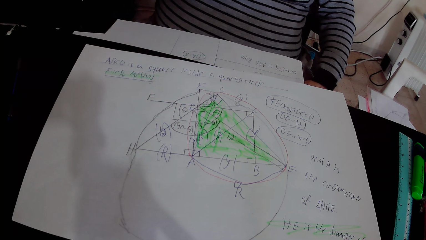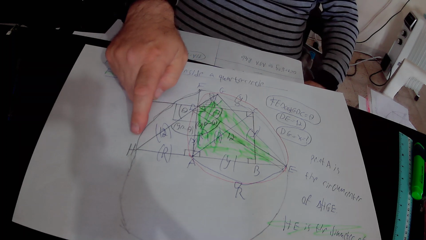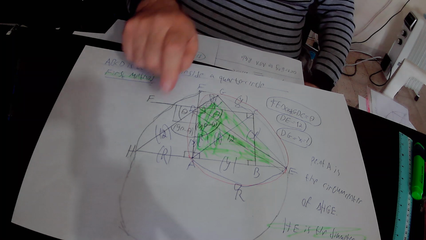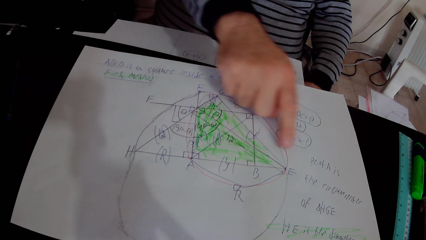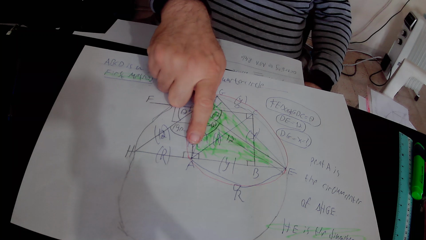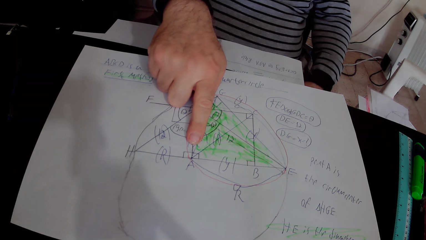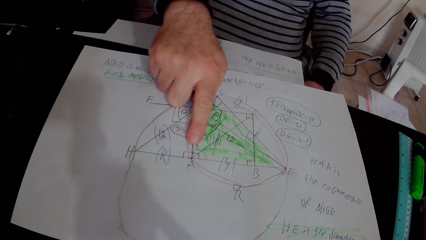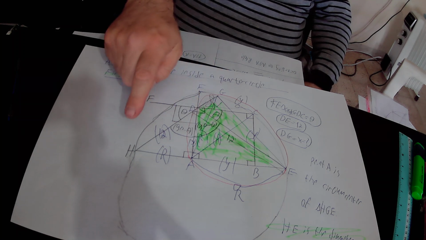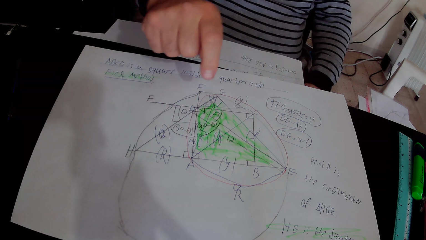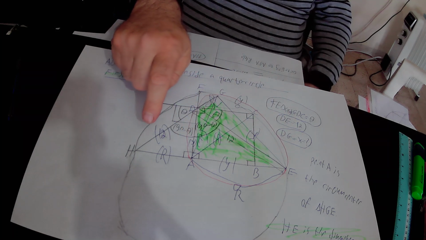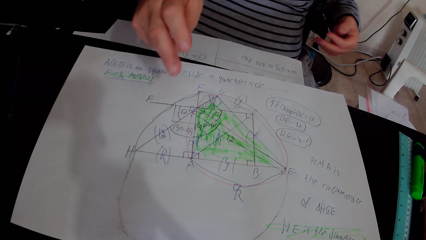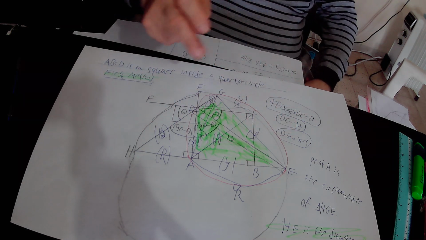Okay, so what is the definition of line segment HAE? First of all, line segment HAE is definitely a straight line, because this angle equals 180 degrees. Any angle equal to 180 degrees is defined as a straight line. So HAE is a straight line, but it is a straight line that touches the circle at 2 points, H and E. Any straight line that touches the circle at 2 points is defined as a chord.